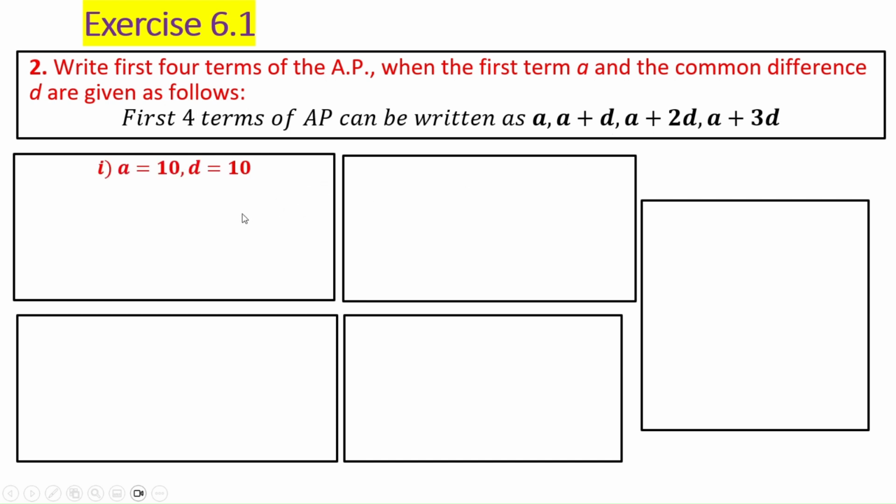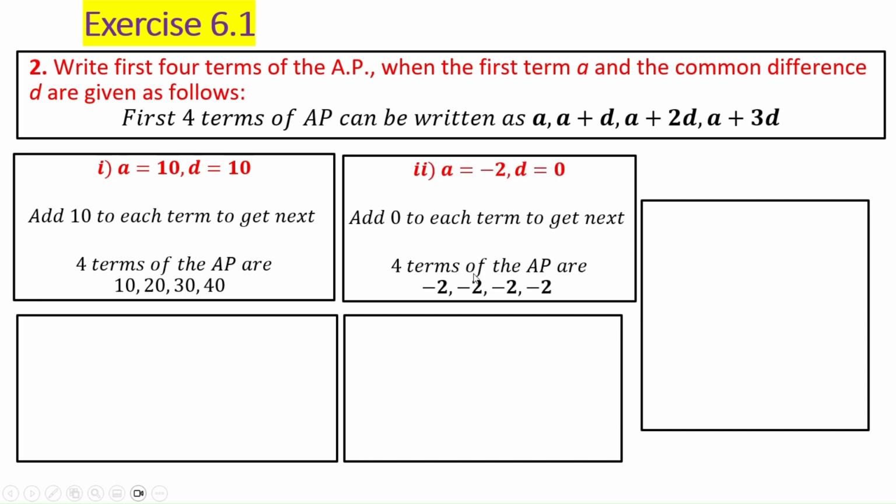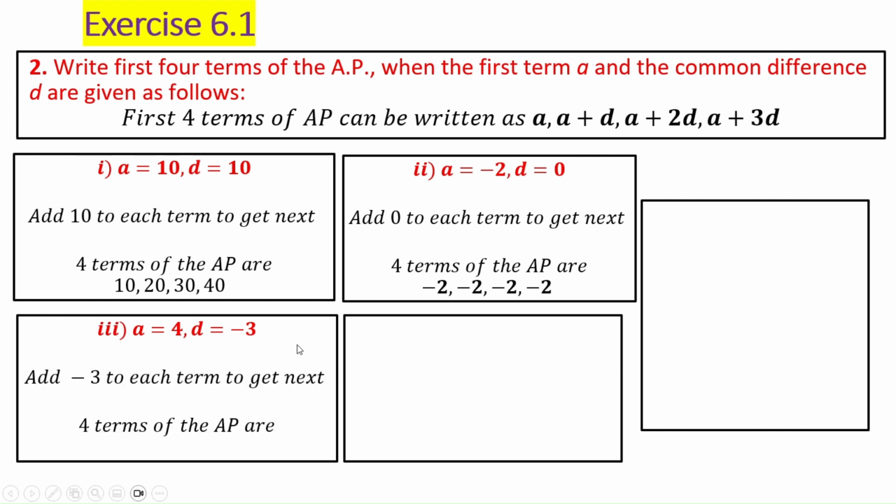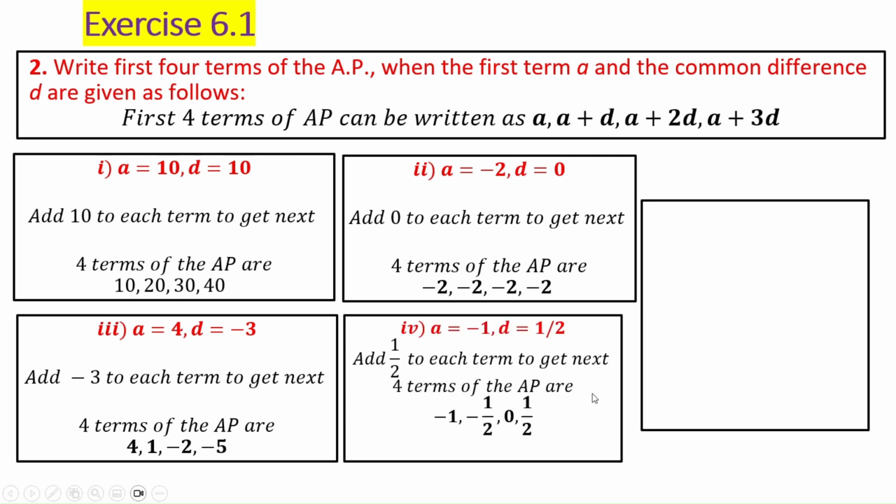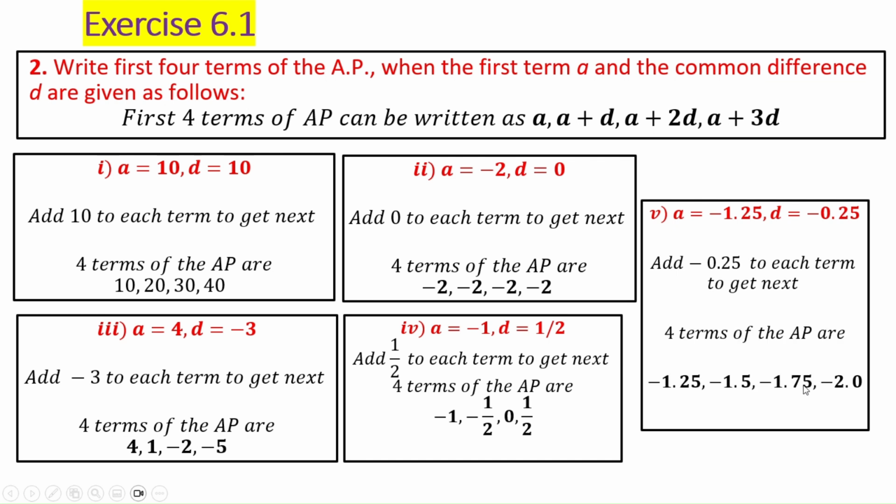So just follow the template and you will get the answers. Here the common difference is D equal to 0, so the number remains the same. This is the template and you just follow the same for all these problems.